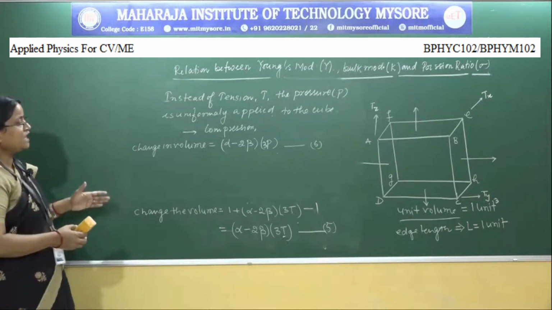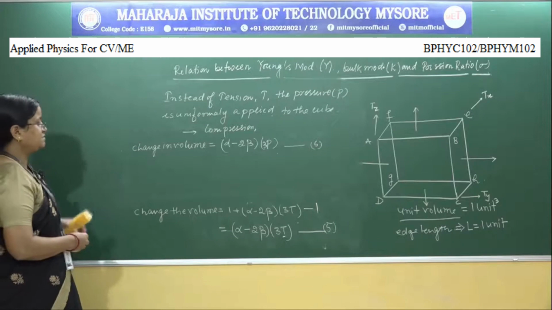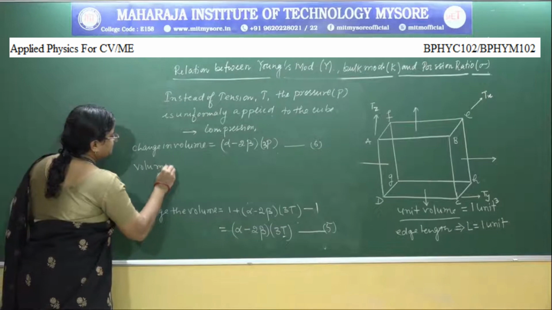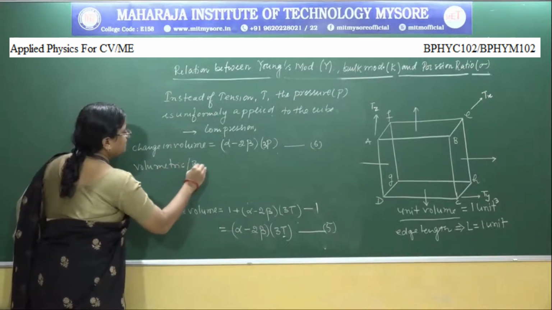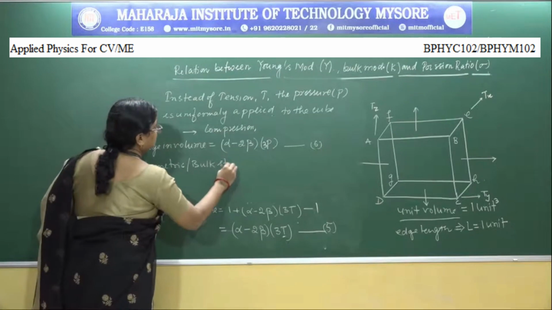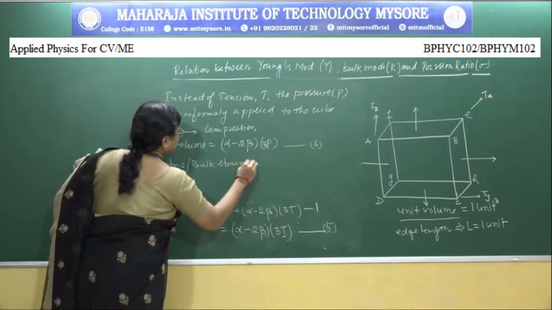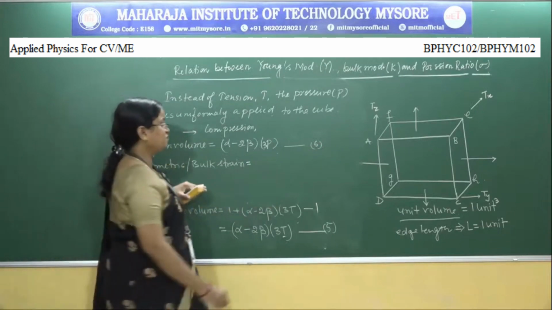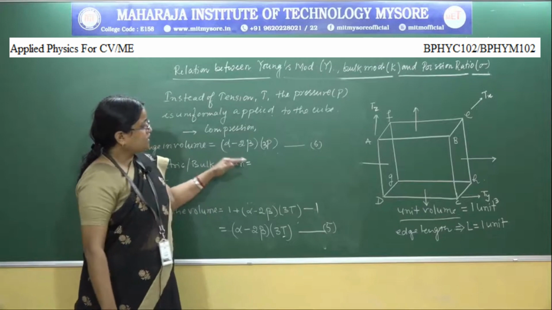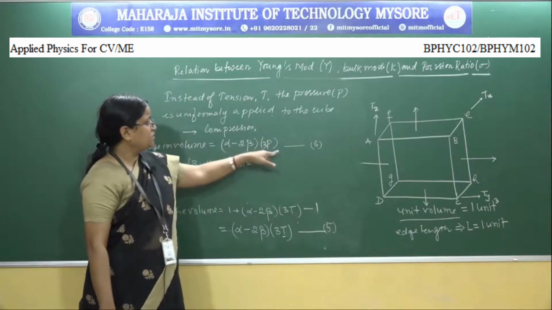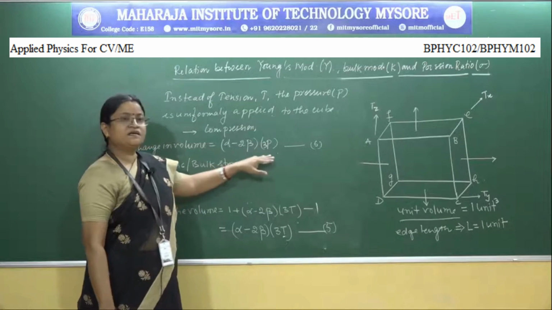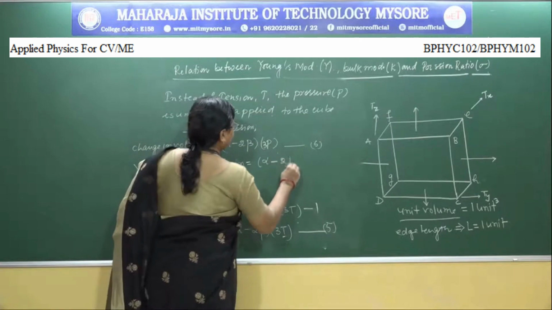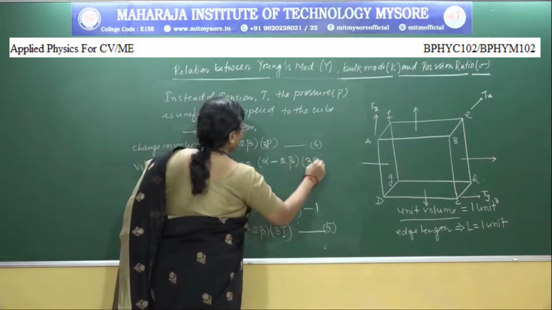Now, we want to calculate the volumetric strain, or we call it the bulk strain. It will be the change in the volume divided by the original volume. And we know that the original volume of the cube is 1. So, if you divide by 1, you will get the same term: alpha minus 2 beta into 3P.